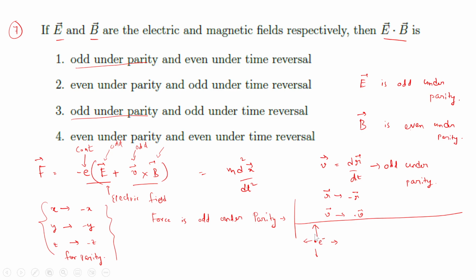But for the electric field, we will see that there is no change in its direction. So since there is no change in the direction of the electric field, the electric field is even under time reversal.